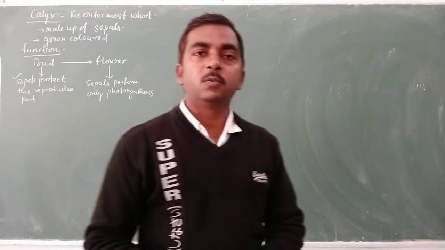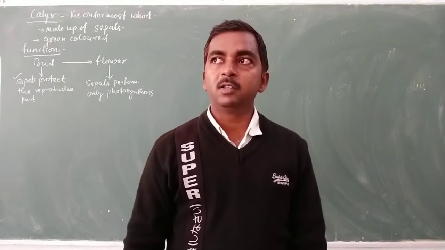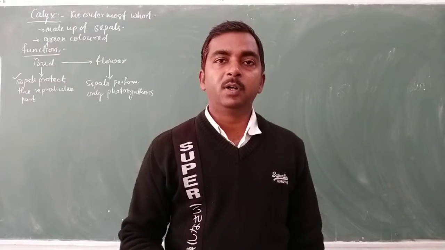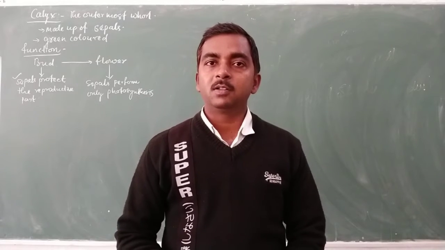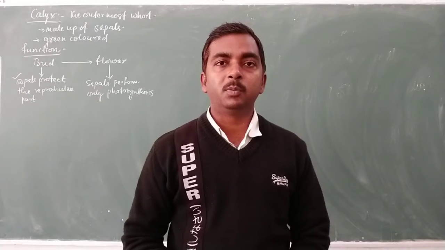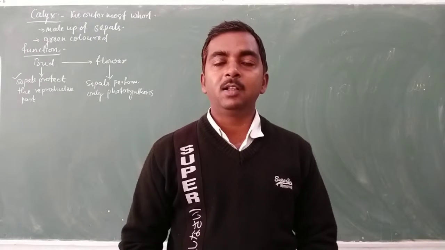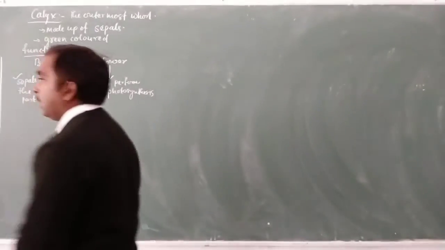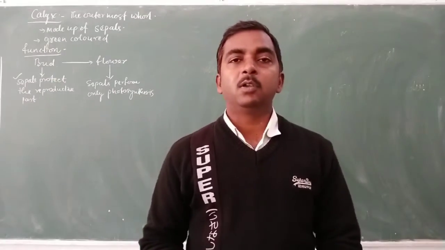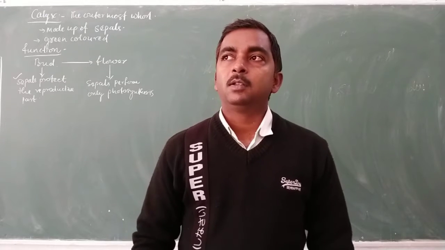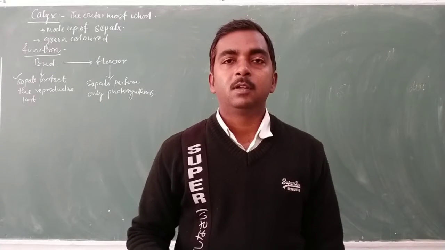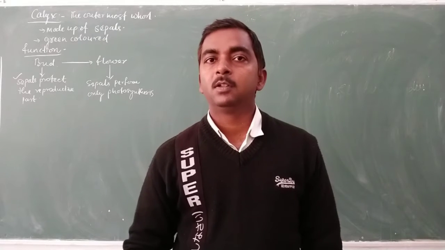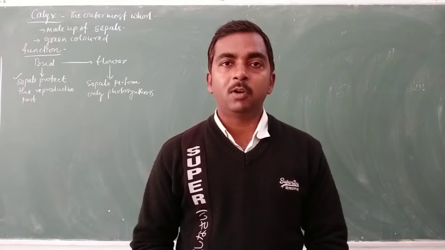The first function is to protect the floral parts during bud condition, and the second function is photosynthesis due to the presence of the green pigment, chloroplast. After the process of fertilization, in most cases the sepals and petals disappear or get destroyed.